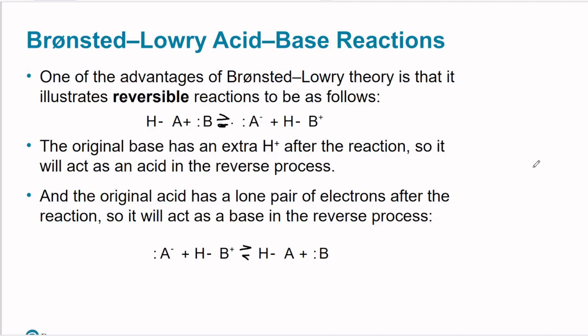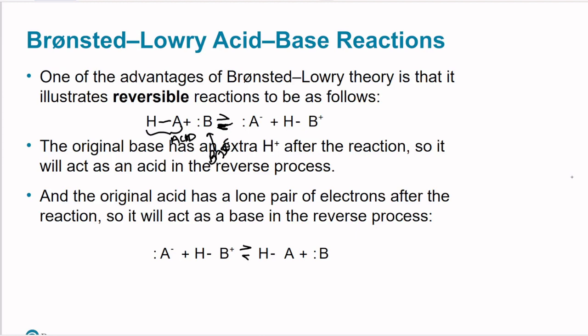Here we see our Bronsted-Lowry acid-base definition demonstrating the reversibility of these acid-base reactions. So here we have a reversible reaction. Notice the two-way arrow, so we have arrows going in both directions. We have the HA, this is our acid. We often demonstrate a generic acid as HA, and the B with the lone pair is our base.